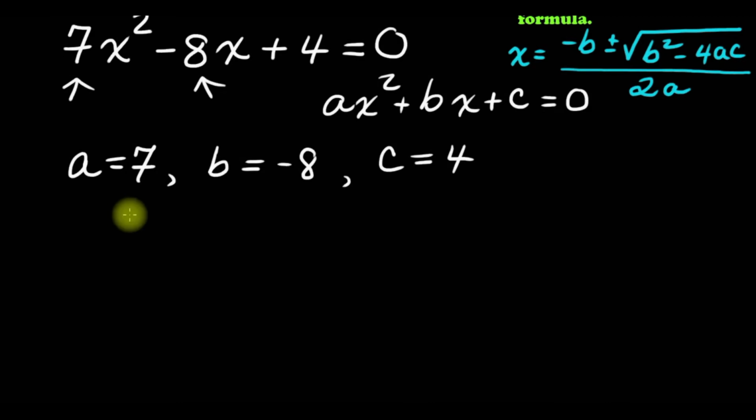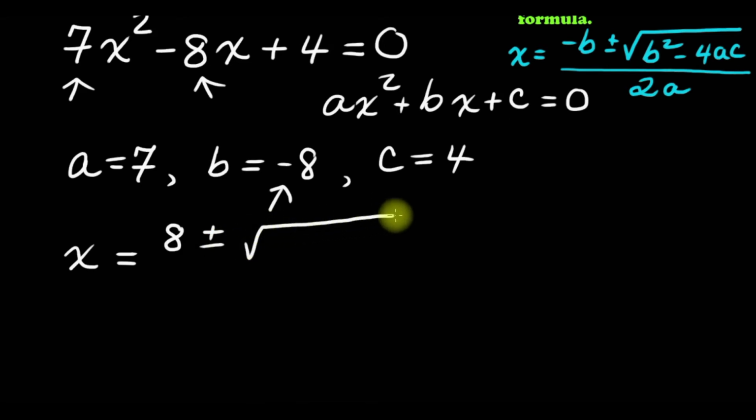So your formula is x equals, well, the first number is the opposite of b, so the opposite of negative 8. What's the opposite of negative 8? Well, that's positive 8 plus or minus the square root of 8 squared, so this is b squared, take away 4 times a, which is 7, and then times c, which is 4.